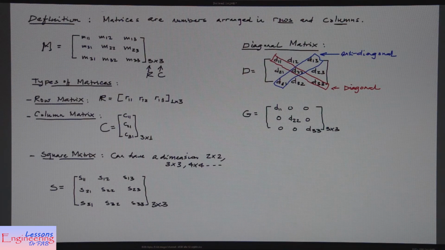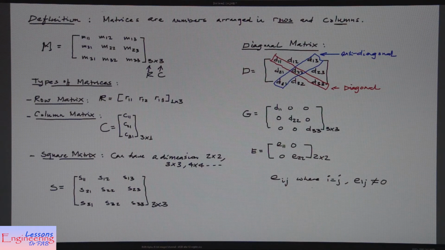For a different dimension, for example, E can have E11, 0, 0, E22. This is a 2 by 2 diagonal matrix, and for a diagonal matrix, for all elements eij where i equals j, eij must be different from 0.